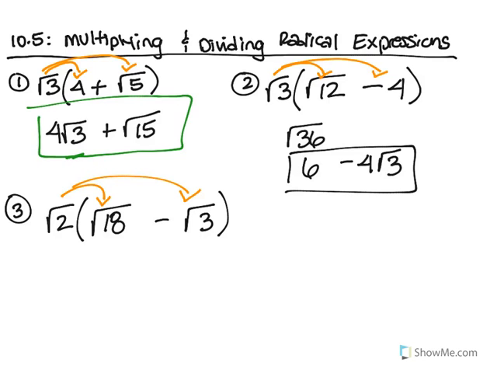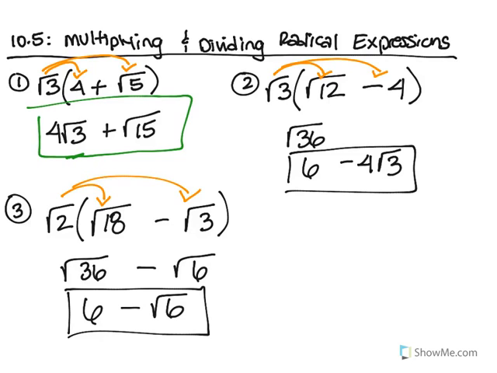The square root of 36 minus the square root of 6. And what do you know about the square root of 36? 6. It's 6. Can I do anything with the square root of 6? No. So you just bring it down. 6 minus the square root of 6.